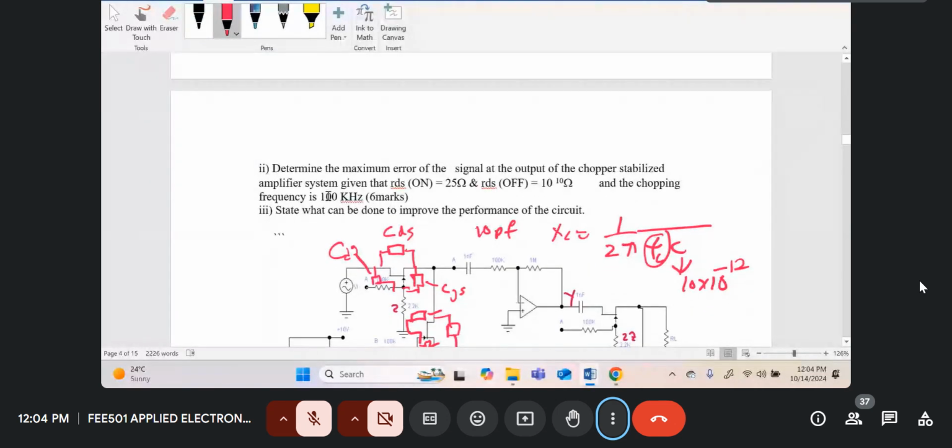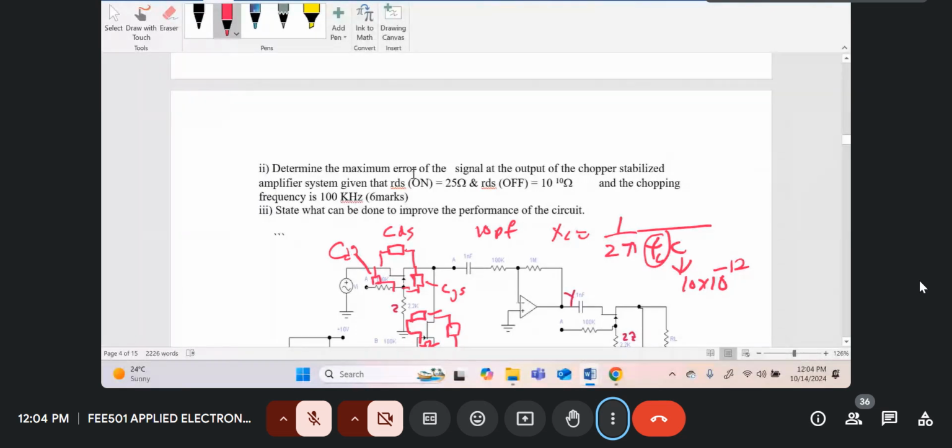Next, you're told to determine the maximum error at the output of the chopper stabilized amplifier system, given the ideas on that. Chopping frequency is that. So I've shown you, you get error of modulator, error of AC amplifier due to VIO, and error of the output stage. Then you're told to state what can be done to improve the performance of the circuit.